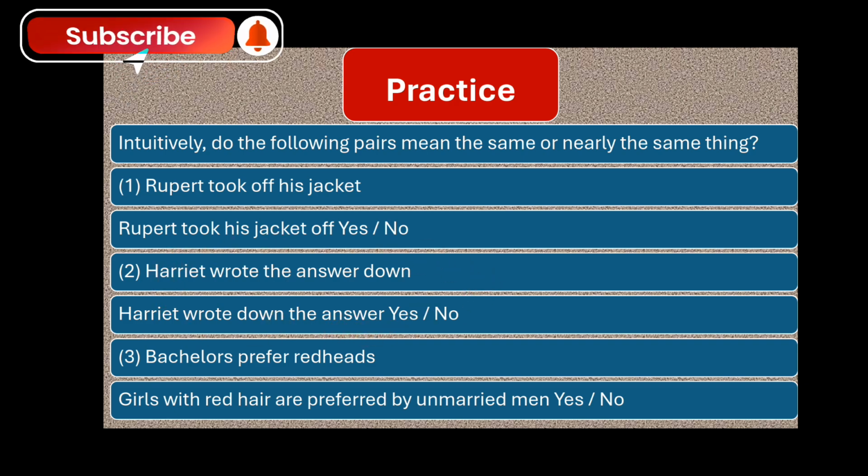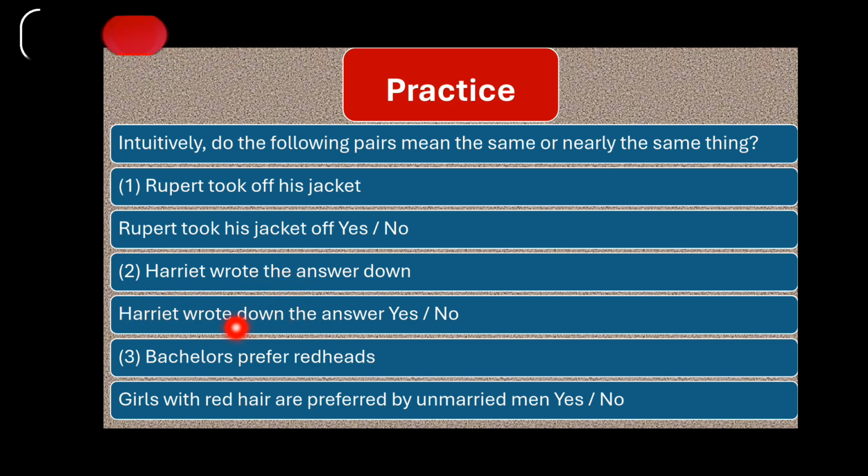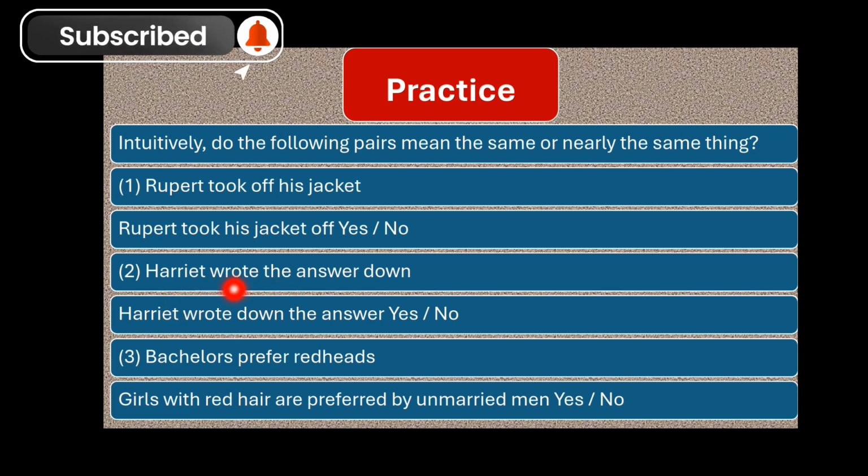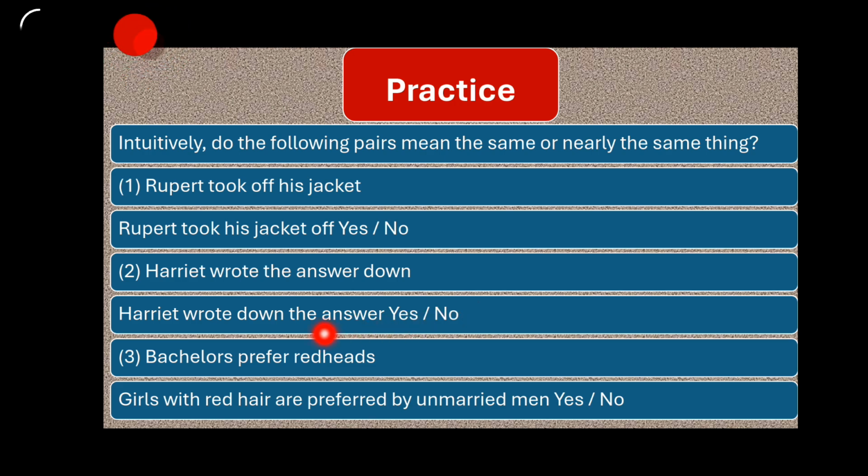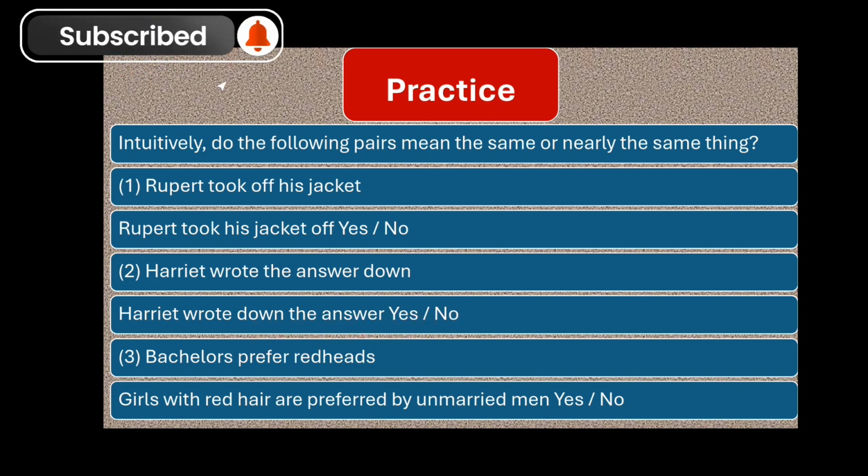Again, this pair has nearly the same meaning, only the phrasal verb is separated in the first and not in the second. And the third one, that bachelors prefer red hats, so girls with red hair are preferred by unmarried men. Again, these expressions have nearly the same meaning.